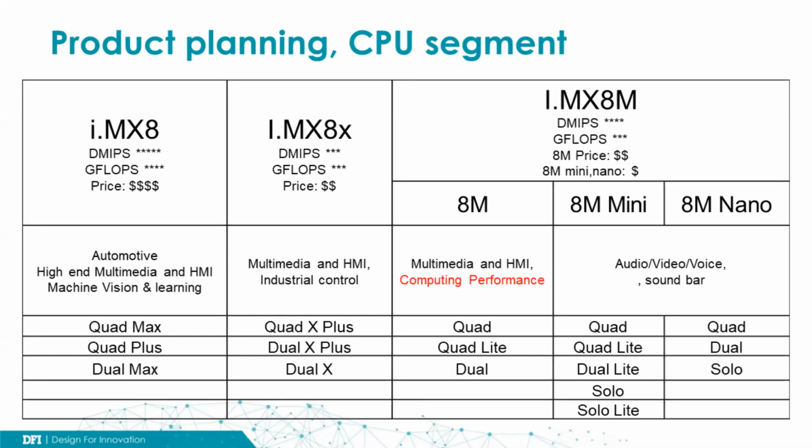Not only the CPU cores on different CPUs, you also have commercial or industrial grade CPUs, or some with an NPU or VPU inside, or the CAN bus support. So be careful with all the detailed selection.